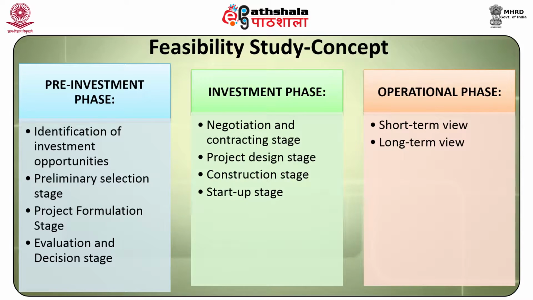Investment phase. This will cover A. Negotiations and contracting stage, B. Project design stage, C. Construction stage, D. Startup stage, and thirdly, operational phase, which will cover short-term view and long-term view.